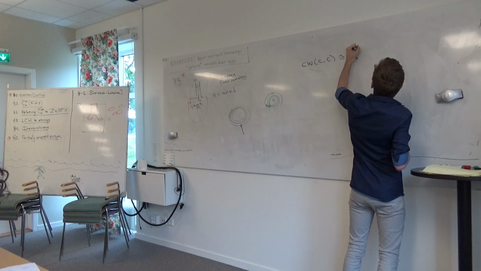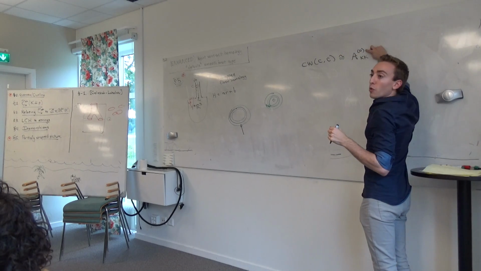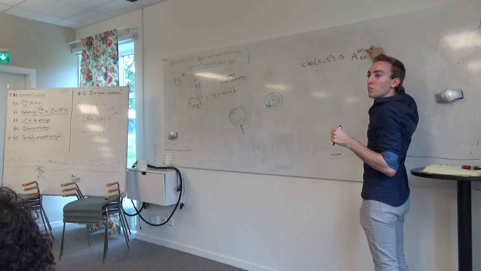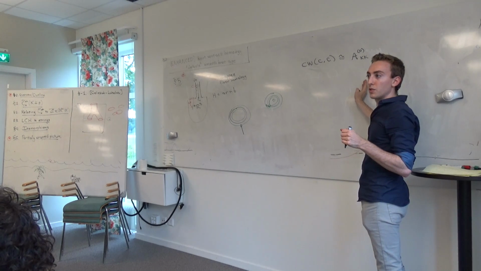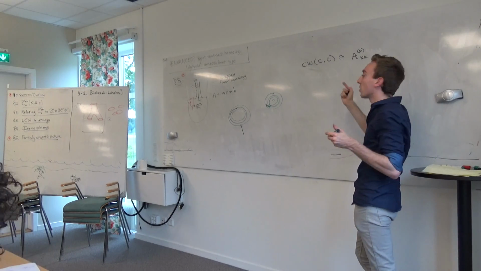some sort of A0 KK. What this 0 means is just that there's no mixed chords in this part. So this is basically modding out by things with at least one mixed chord, in particular at least two mixed chords, because you have to go back and forth.